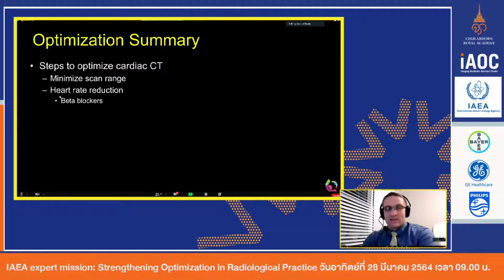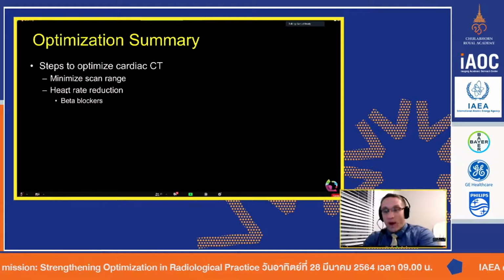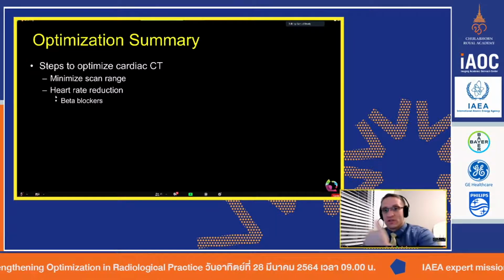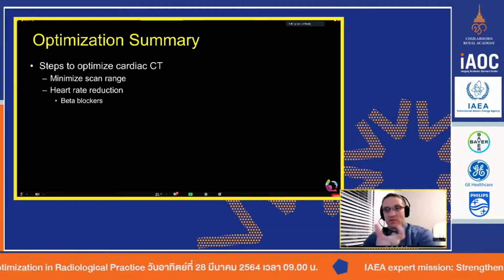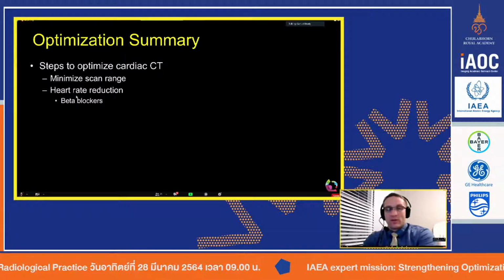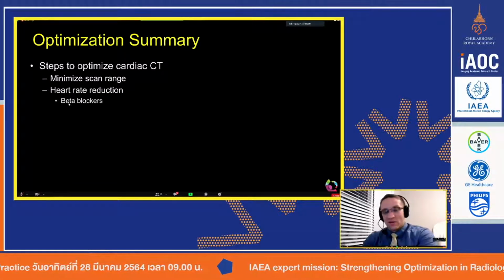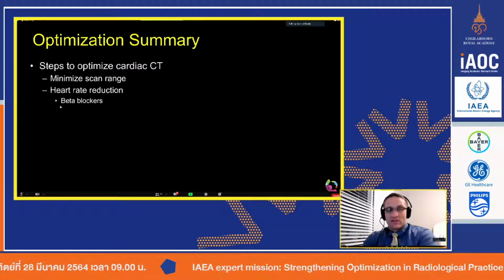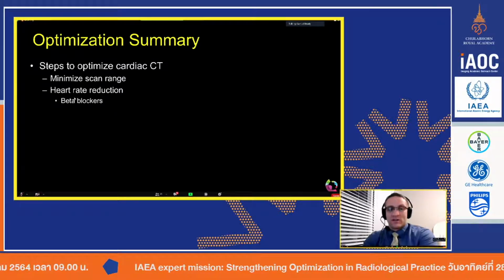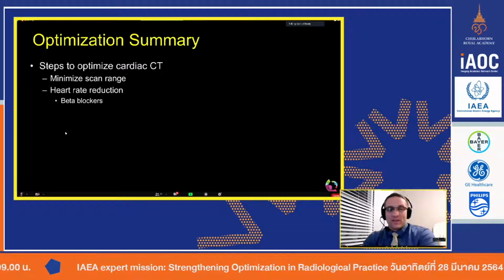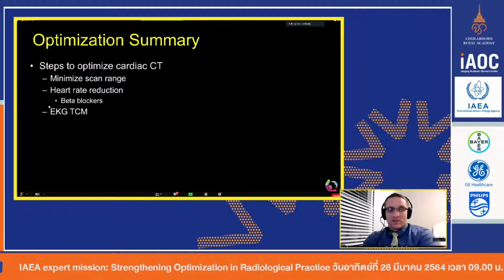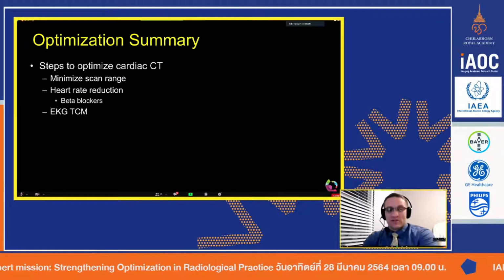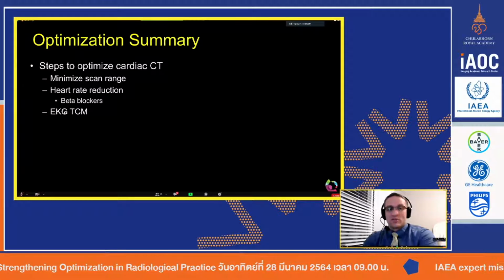If you can't do it because your scanner isn't quite fast enough, we've talked about the newer scanners, the dual source or the single spin with the wide beam width. Those systems, you do kind of need to use, your patient population probably uses a lot more beta blockers. The best way to get the best dose optimization possible is using the EKG tube current modulation.